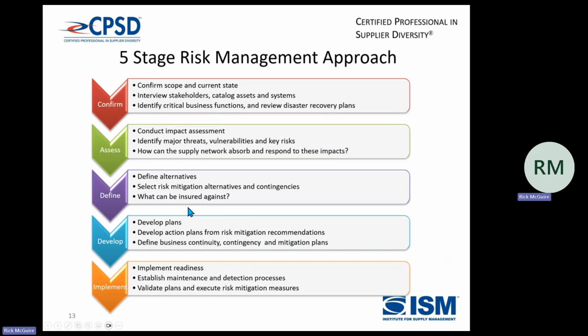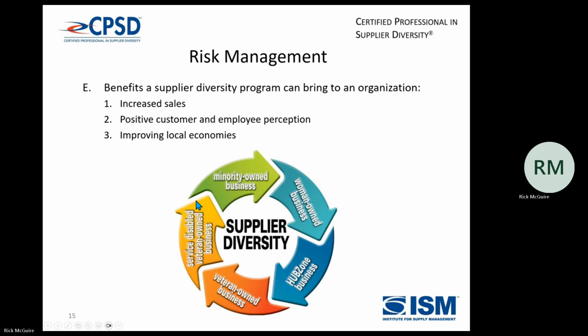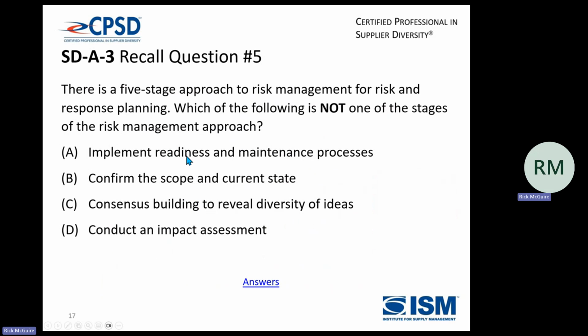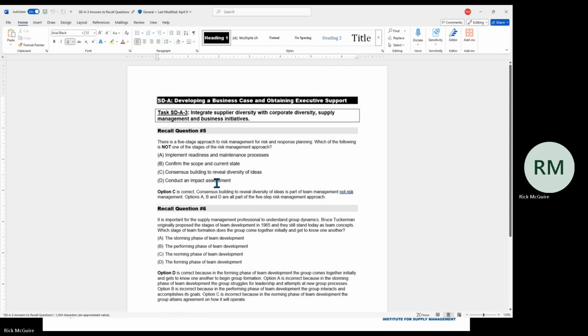These 5 steps. But implement readiness and maintenance processes sounds more like an operational thing on the factory floor. So I'm gonna guess you're looking for the not. So that's A, I think is the answer here. C, consensus building to reveal diversity of ideas is part of team management, not risk management. Okay.